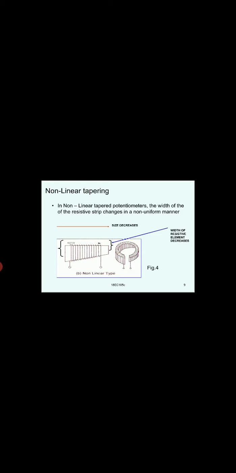That means from one end of the resistive element, as we move towards the right, the width goes on decreasing. This is very difficult to implement in circular type potentiometers.